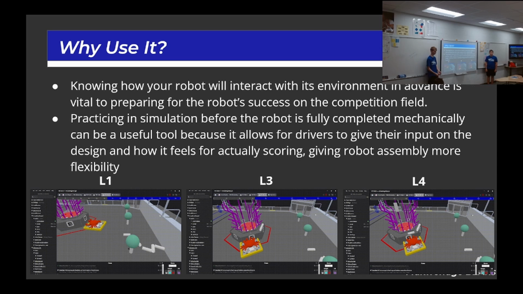So when you actually have the robot in MapleSim, you can have your drivers test with the robot and see how they think it'll feel. They'll be able to test it and see the robot interact with game pieces.